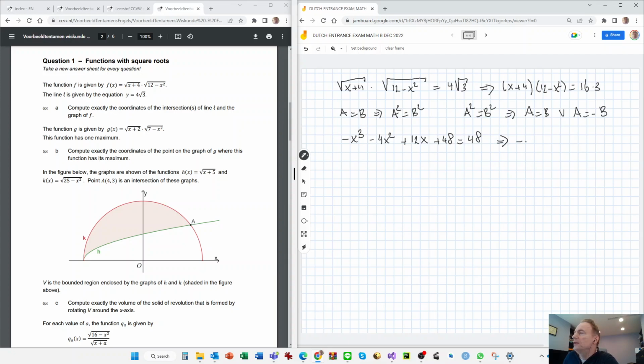So you get minus x cubed minus 4x squared plus 12x equals 0.